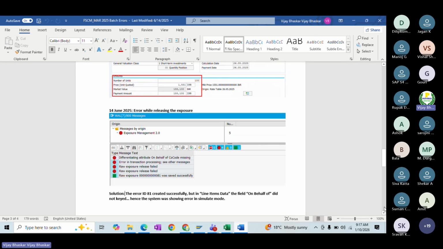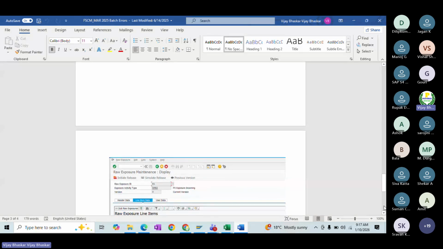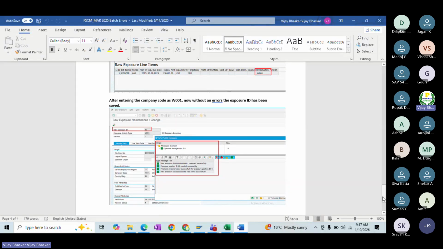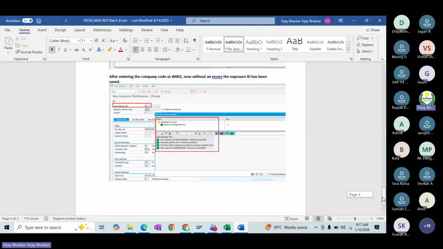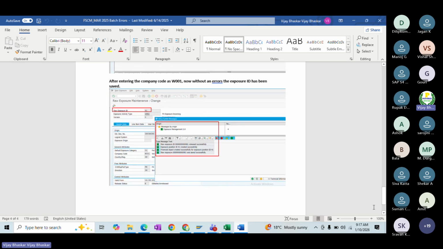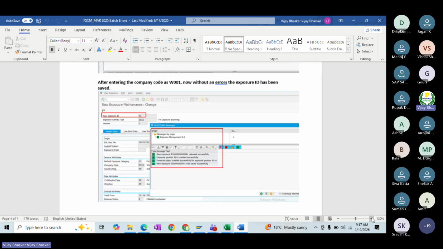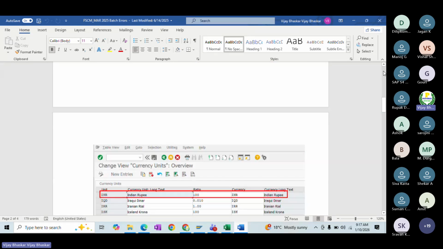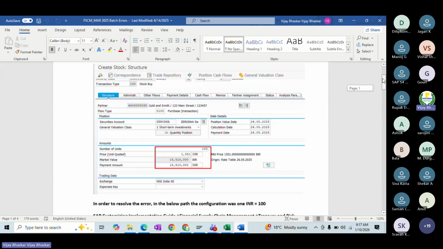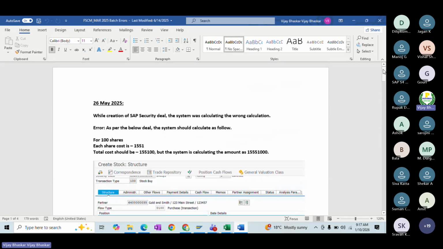These things I'm going to record as separate documentation, and then share the errors and the rectification process in the drive. You can access them from there. So there were errors, definitely; this is also part of the session. But for the current batch, around 97 to 98% of the scenarios were successfully executed.